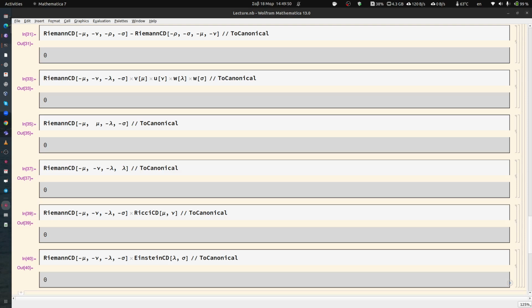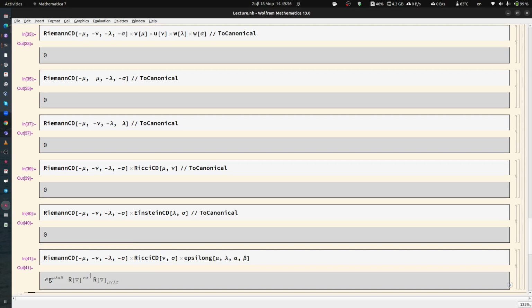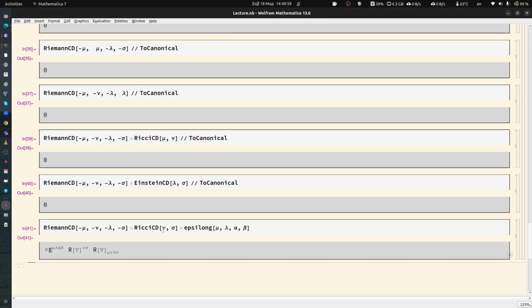Now let's write a more complicated expression. So you see here that we contract the indices nu and sigma, the second and fourth indices of the Riemann tensor, with the Ricci tensor. And then we contract the indices nu and lambda with the Levi-Civita tensor.